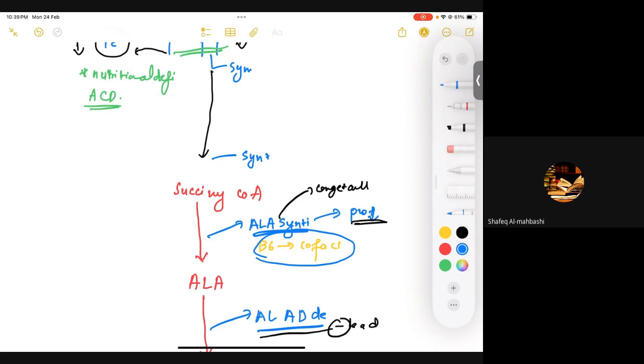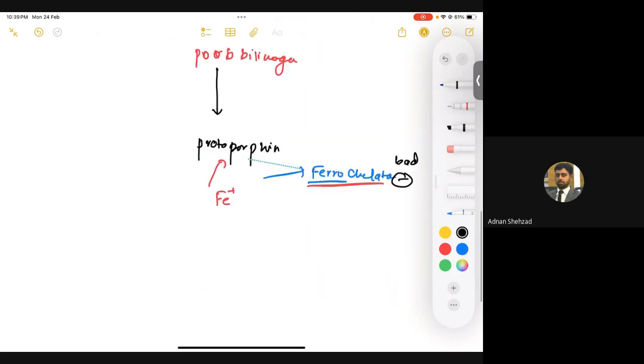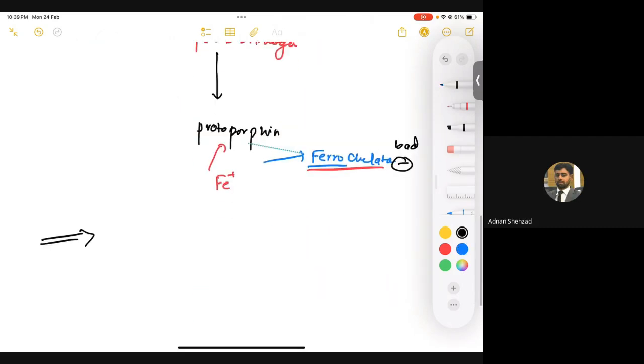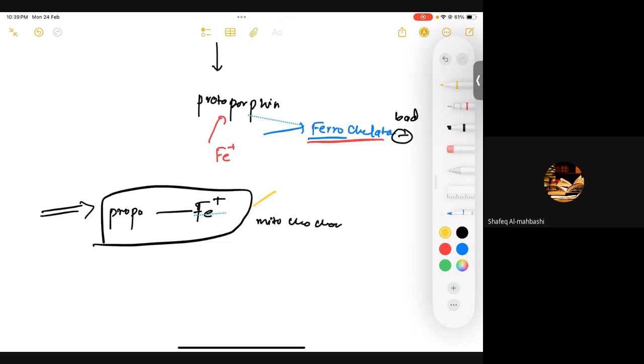Okay, let's carry on our discussion further. We know that iron is added to protoporphyrin in your mitochondria by using the enzyme ferrochelatase.